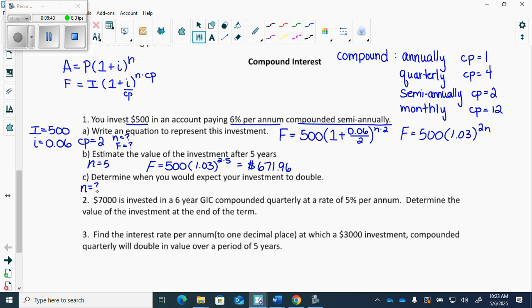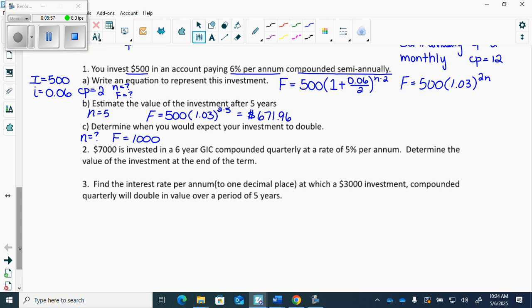Your investment to double, what did they give us? Our final is 1,000. So I'm going to do this one down here. I need the room. So, 1C. So I get 1,000, my final, equals my initial, which is 500.